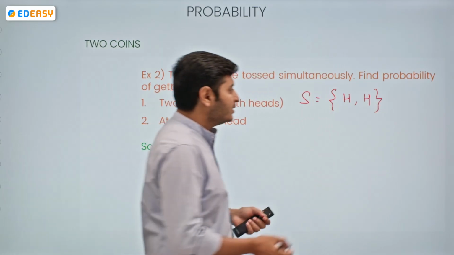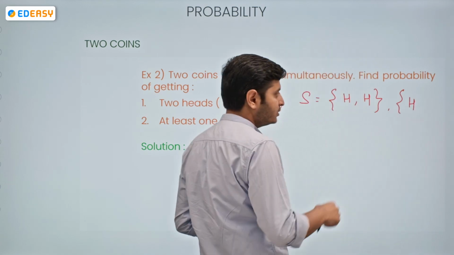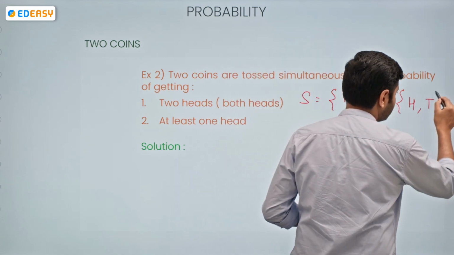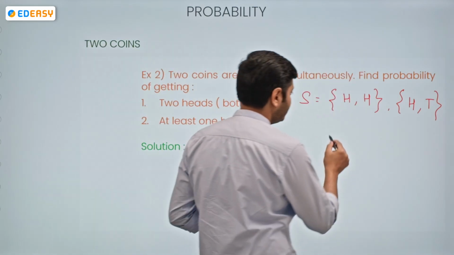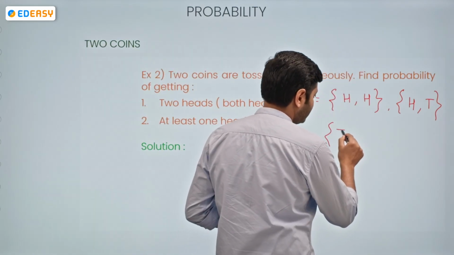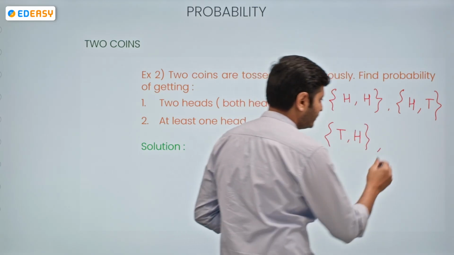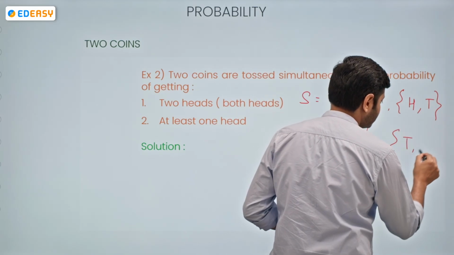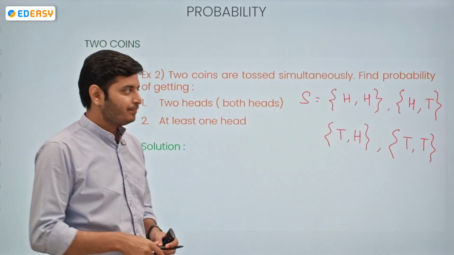Then the first coin is showing heads, but the other coin is not showing heads, it is showing tails. Correct. The third case can be that the first one is showing tails, but the second one is showing heads. And the last one can be that both are showing tails. Both are landing facing tails up.